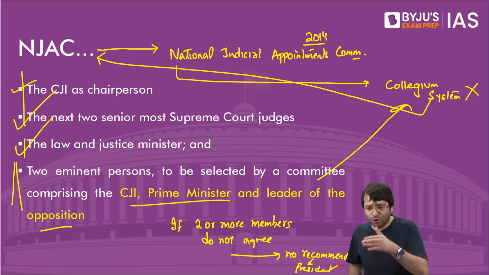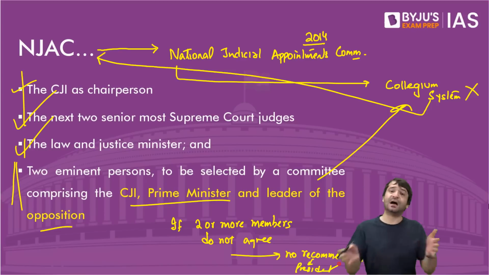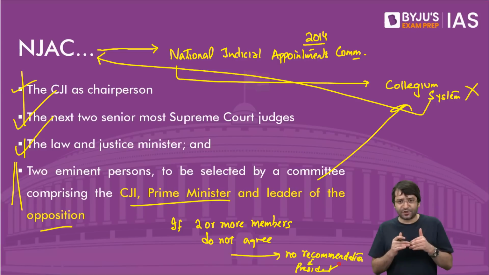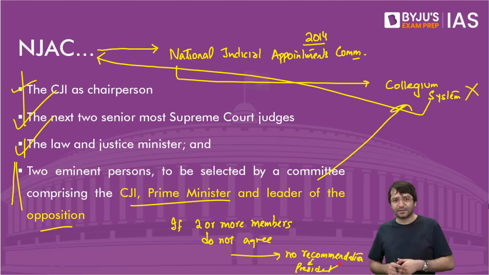President. Who will appoint judge to a High Court or the Chief Justice of a High Court? President. But now after consulting with NJAC, NJAC will meet Chief Justice, 2 senior judges, Law Minister, 2 eminent persons. If 2 or more do not agree with a name, that name cannot be sent to President for appointment. So as much as possible, there should be consensus in the meetings of NJAC.